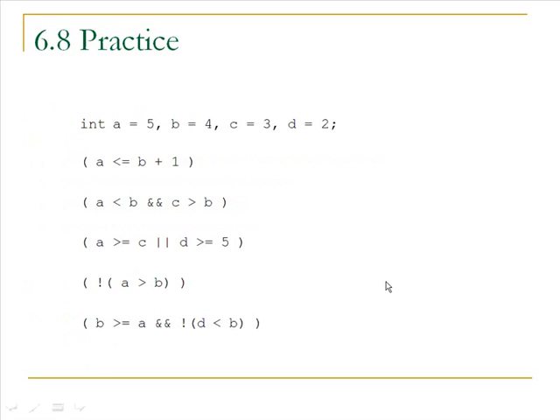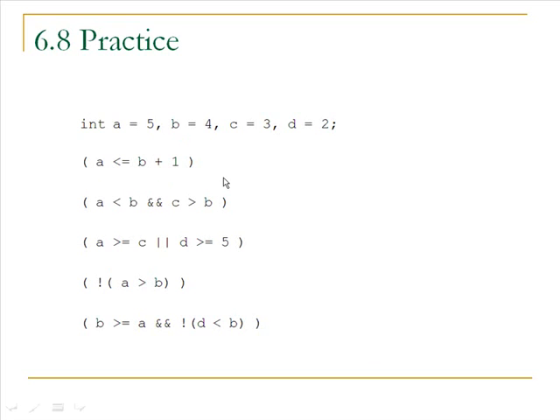Here are some practice exercises. What I would like you to do is to work these out on a piece of paper. So pause now, work them on a piece of paper, and then go into the development environment and write some if statements. So you can do them one at a time. Write an if statement and just output a printf.